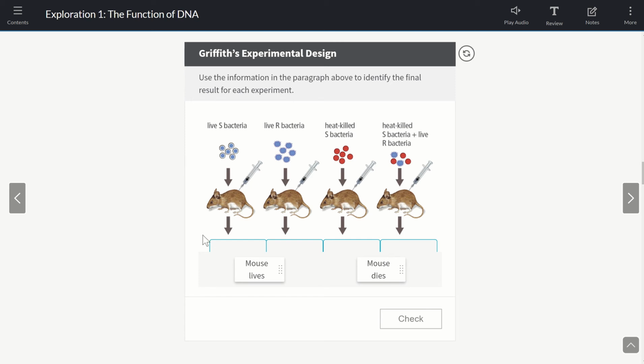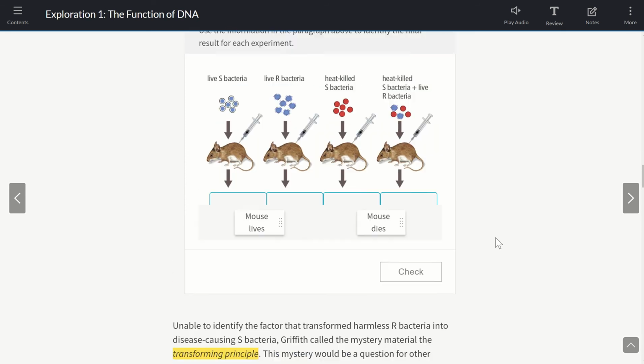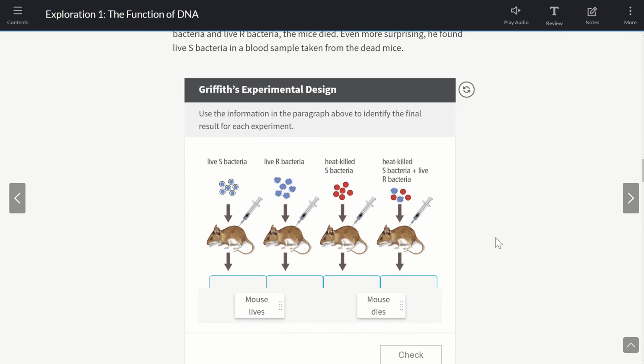I'm going to use this diagram to show you what happens in this experiment. There's a description of it in this paragraph as well. What he did was he took the S strain of bacteria, the S stands for smooth, and he injected that into the mouse.